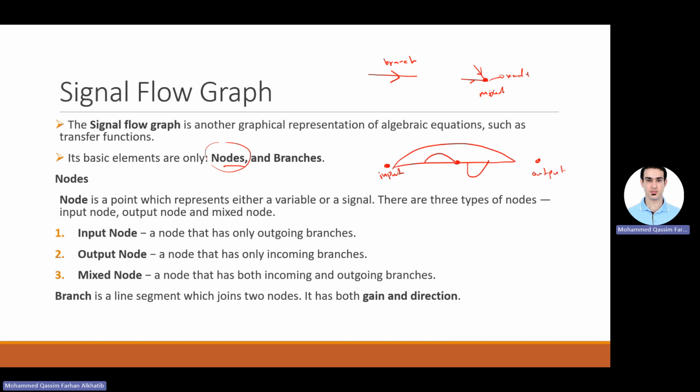So this one here will be considered as a node, similar here, etc. A branch is a line segment which joins two nodes. It has both gain and direction. So here the branch has a direction, and the gain could be 1, 3 over z, or 3z negative 1, etc.